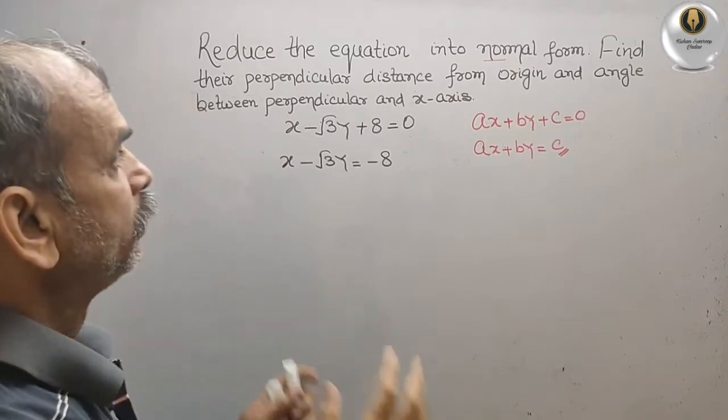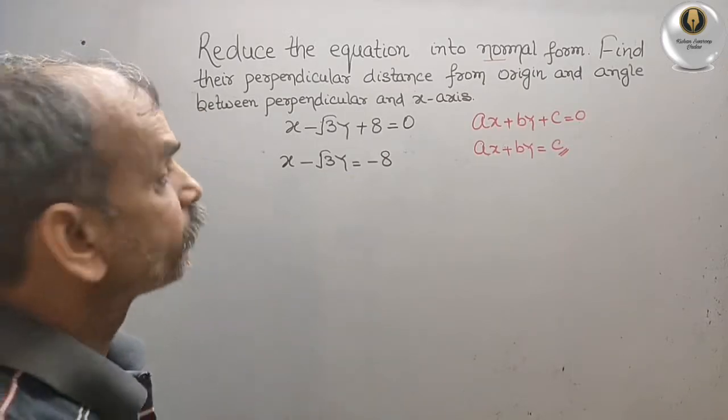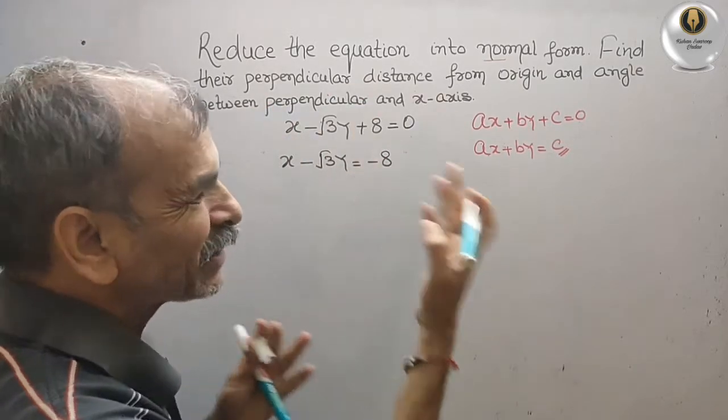Now what do we do? We need to find the perpendicular distance from the origin and the angle.